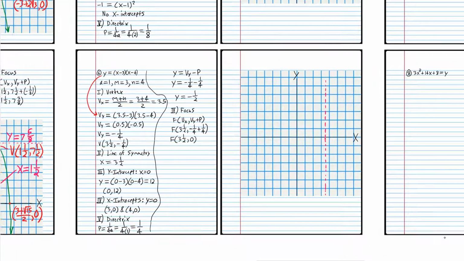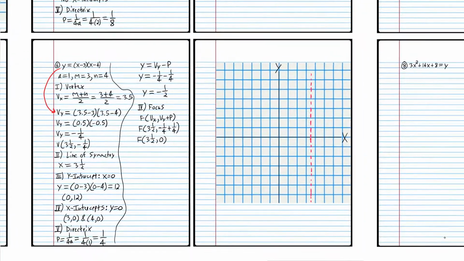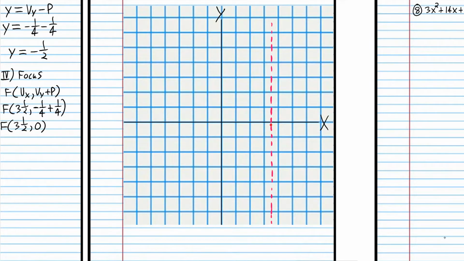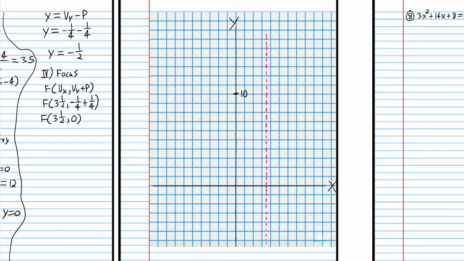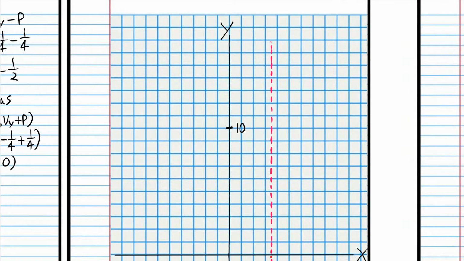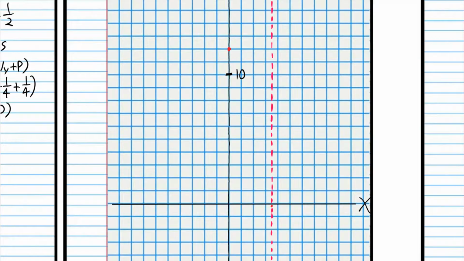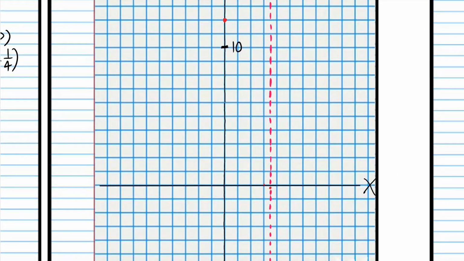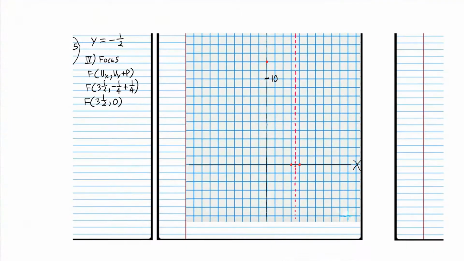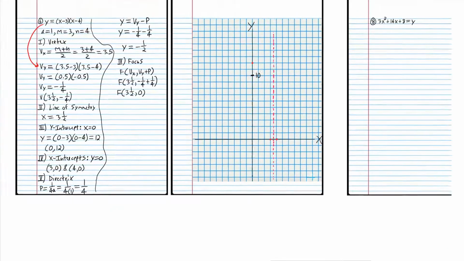So as you can see, the y-intercept is going to be off the graph, but that's okay. We can just change the graph. So there you go. Now we have a better graph. So 0, 12 is going to be here. That's the y-intercept. And the x-intercepts are 3 and 4. So 1, 2, 3, and 4. As you can see, it is going to be a more narrow parabola.